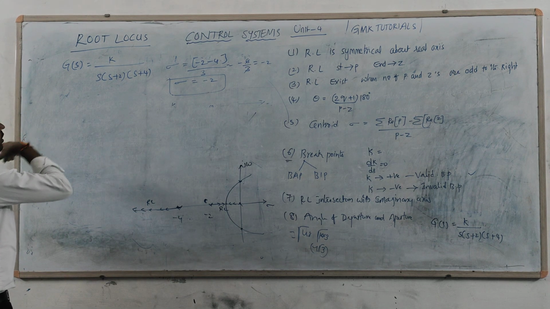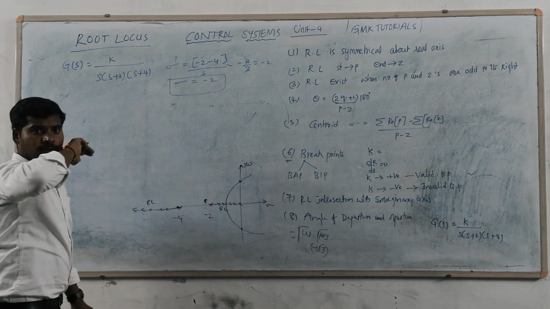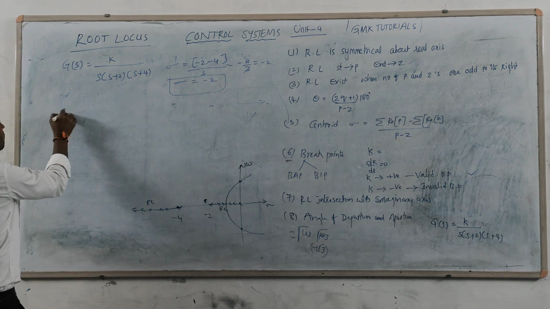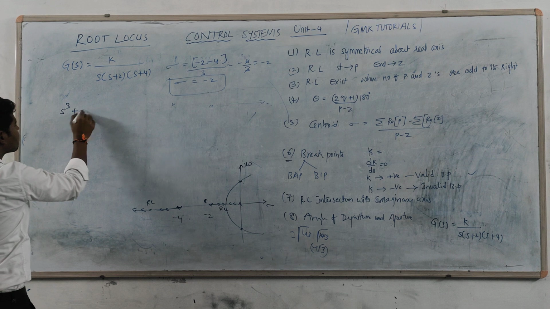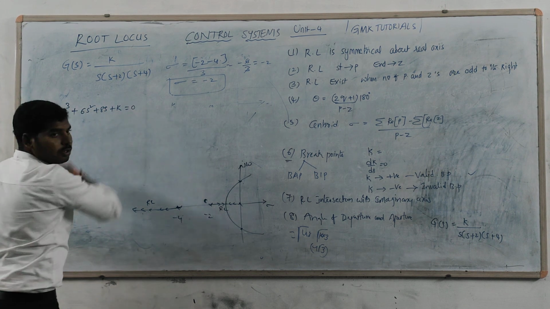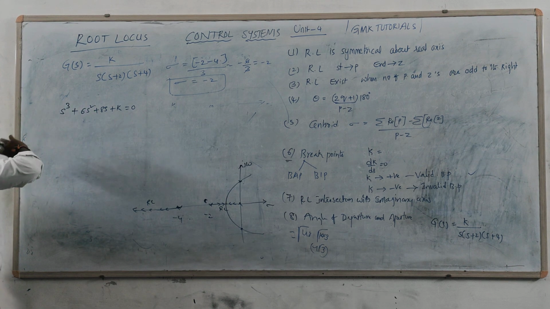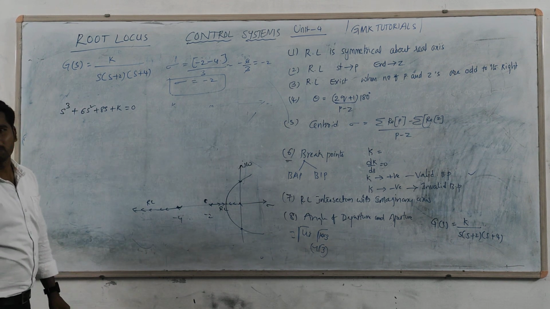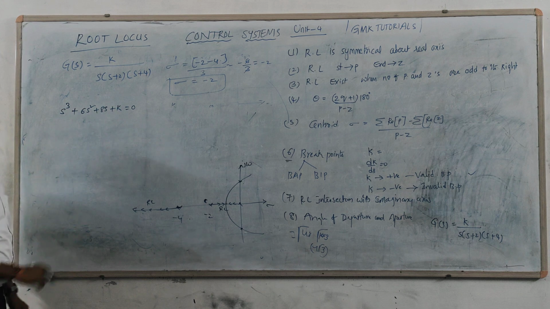Obviously, we need to follow the characteristic equation, that is s cube plus 6s square plus 8s plus k is equal to 0. Now directly we can say that it is possible with inner product equal to external product.